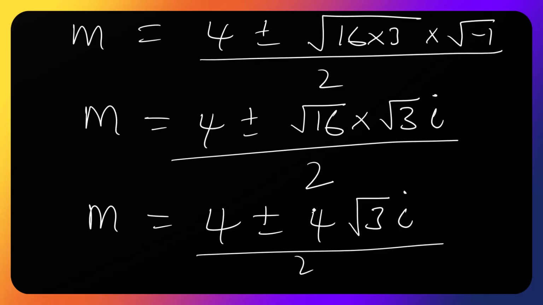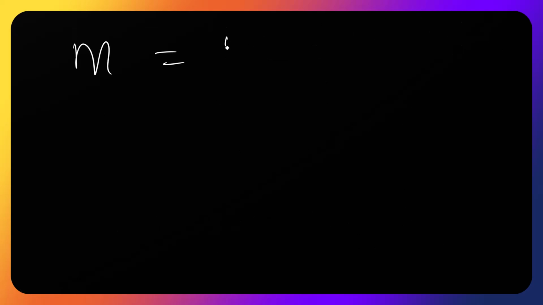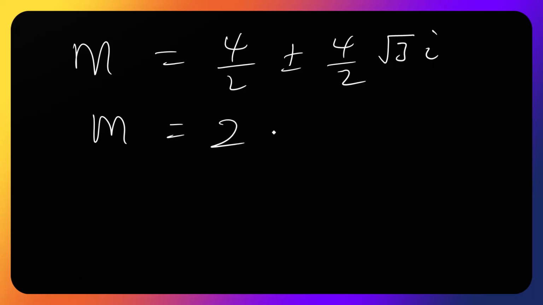Once I split this, my m will be 4 over 2 plus or minus, and that will be 2 plus or minus 2 root 3 i.